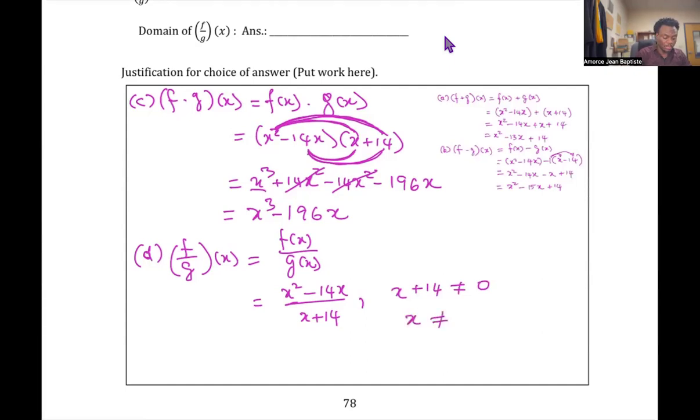So x cannot be negative 14, which will give me a domain that is from negative infinity to negative 14, union from negative 14 to positive infinity.